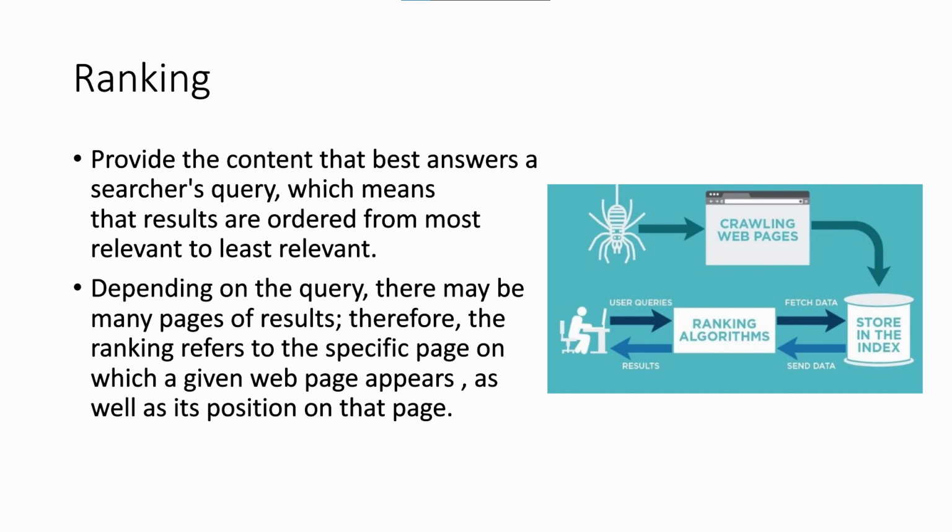So basically, the ranking algorithm takes the user's queries, fetches data, stores it in the index, and the stored data in the index is sent back to the ranking algorithm, and the user then gets its result.